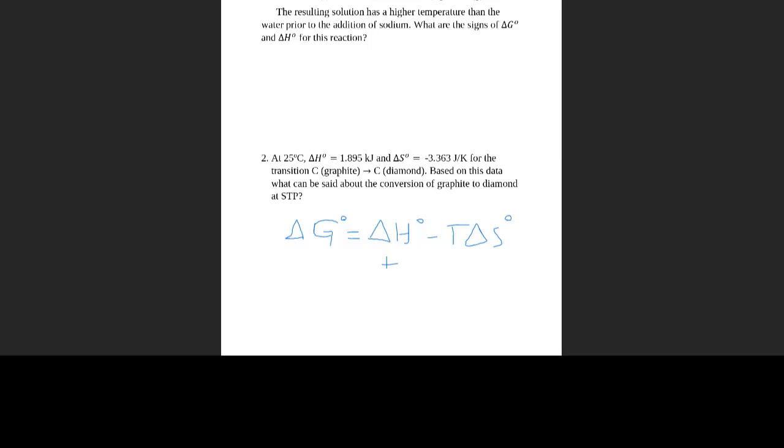Enthalpy is in kilojoules, while the standard entropy is in joules per Kelvin. Okay, that's okay. We are not worried about the units now because right now we are not doing calculations. We just want to figure out whether this process occurs at STP or not.